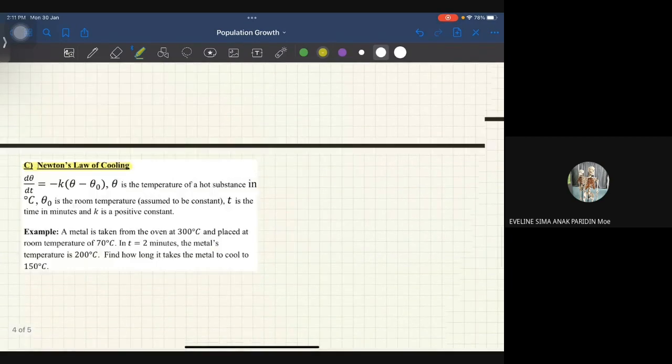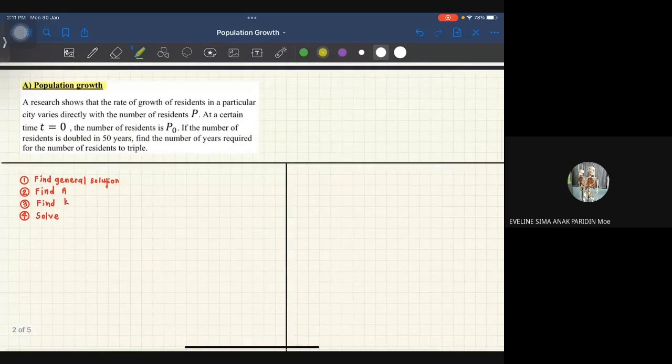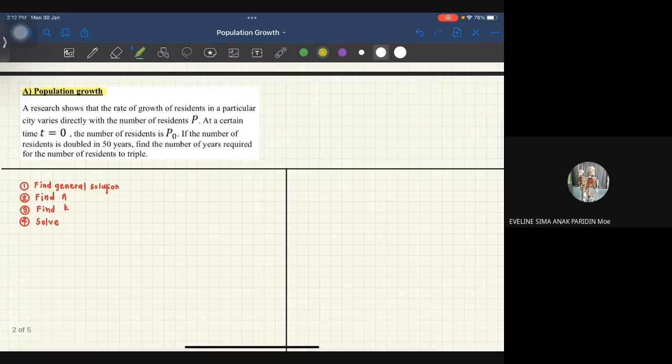Okay, so I believe you already found this kind of formula ataupun problems dalam awak punya chemistry ataupun fizik, tak silap saya. Ya, yeah. Okay, and then saya rasa awak mungkin akan lebih mahir menjawab soalan ini if compared to me. Right. So, jom kita terus kepada application yang pertama, which is population growth.